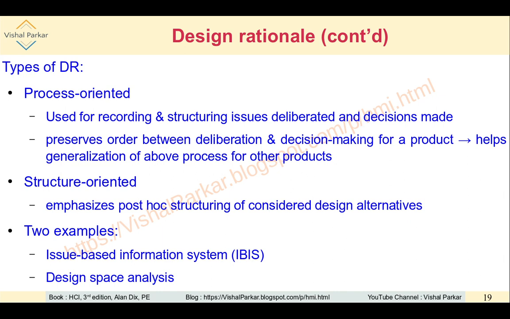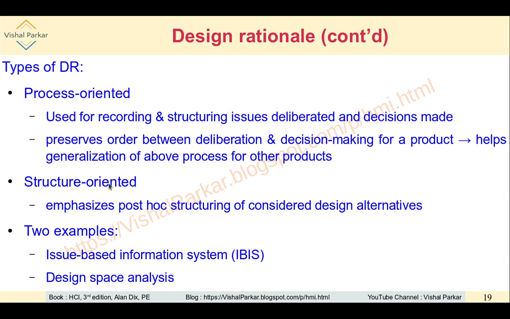The next type is structure oriented. Now in the case of structure oriented, as we have seen here in process oriented, it simply records and structures the issues and decisions. Here simply recording as it is the issues.